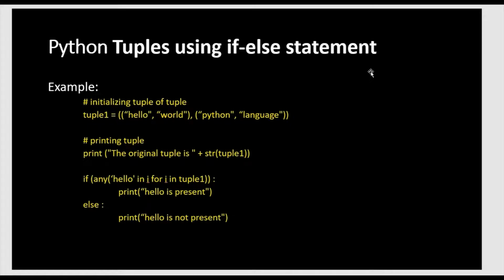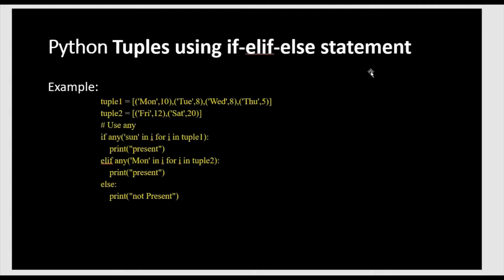This is the second example using the if-else statement: initializing tuple1 as hello world Python programming, and print the original tuple as a string of tuple1. If hello is in the tuple, print hello is present. If hello is not present in the tuple, print not present. The output of this execution is hello is present.